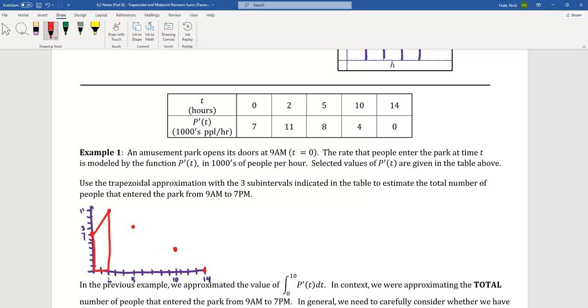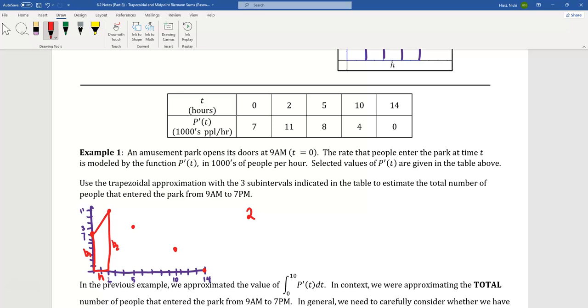So our base 1 is right here, our base 2 is right here, and then this side right here, which we really want to call the width because of the way it's oriented, is actually the height. Because in a trapezoid, the bases have to be the parallel sides. The height is the distance between those sides. So in this case, for my first trapezoid, the height is 2.